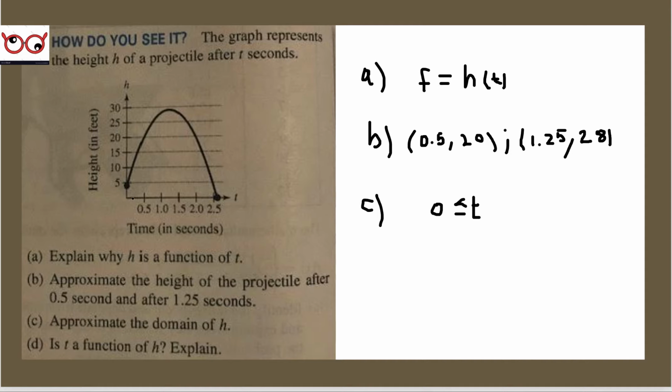It looks to me like 0.1 further than 2.5, which means, according to how I see, it is 2.6. The domain is from 0 to 2.6, and because it's closed, I am using the smaller-or-equal sign. So in this interval is the time in seconds, the domain.